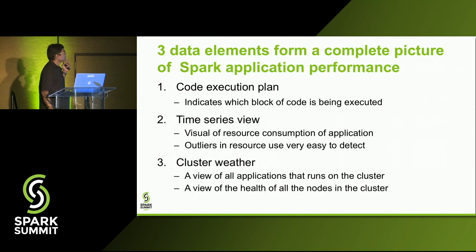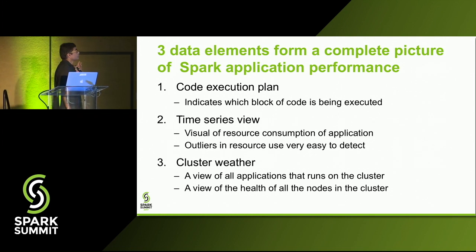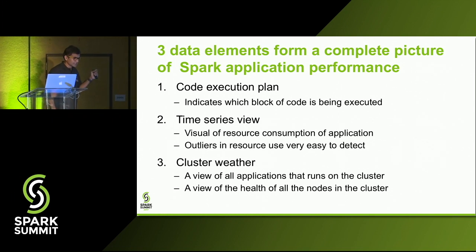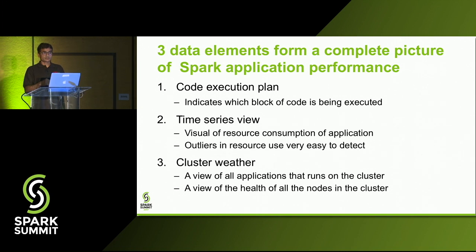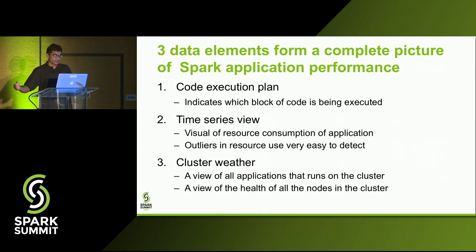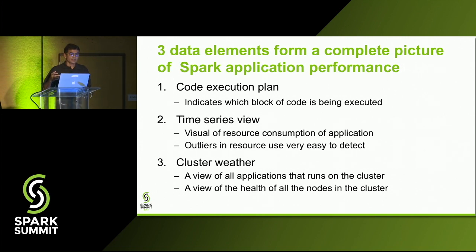In our experience, there are three elements that form to give you a complete picture of Spark application performance. We've talked about one, code execution. You need to know what code is being executed when and where. You need a time series view of your resource consumption of your application. Why is this important?